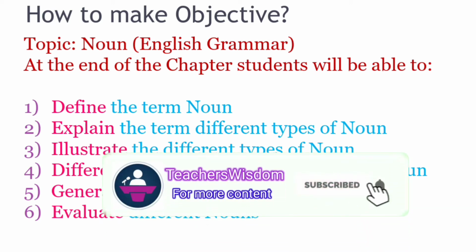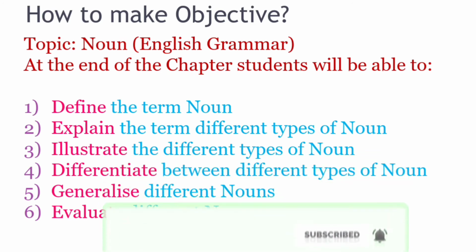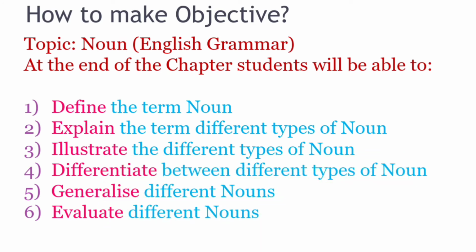The child will be able to compare. So analysis can be done. Here I have taken differentiate as an action verb. So you can use differentiate, criticize, separate, contrast, compare, associate, analyze. So these action verbs can be used.